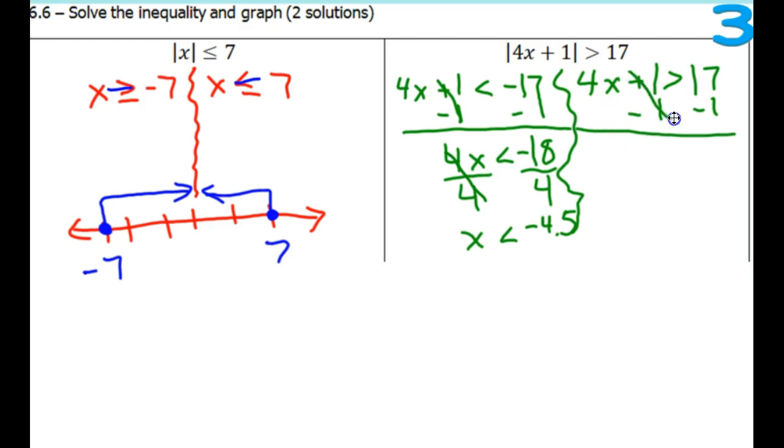Those cancel out. 17 minus 1 is 16. We have 4x is greater than 16. Divide by 4 to get x by itself. And x is greater than 16 divided by 4, which is 4.